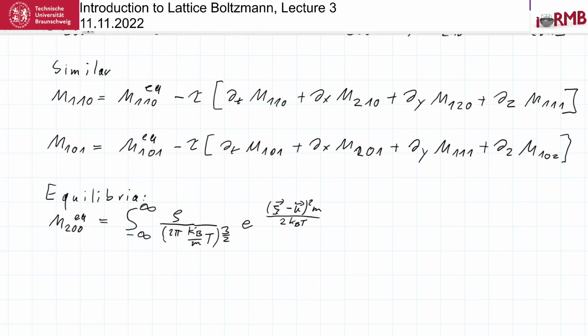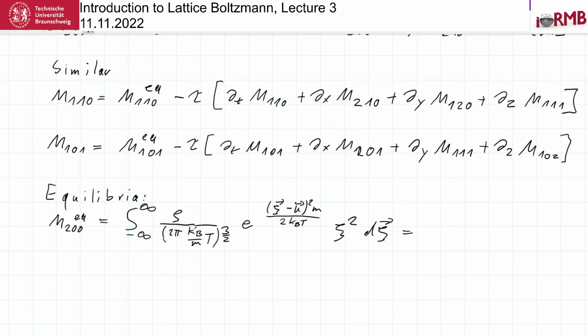And now this has to be integrated, because it's a second moment, it has to be integrated over xi squared, and multiplied by xi squared, and then integrated over the entire velocity space, so with the vector velocity space.